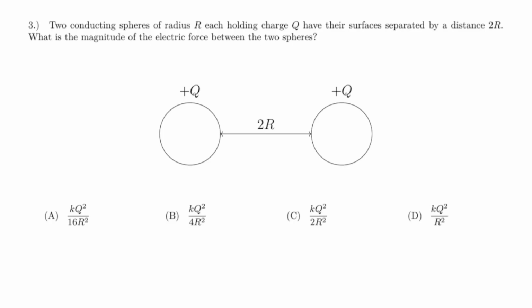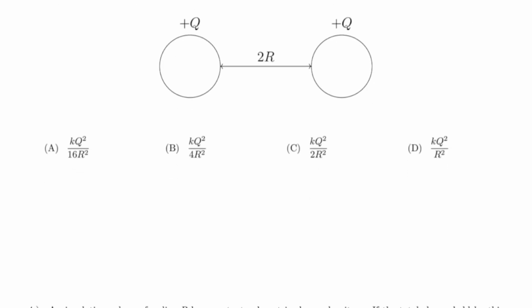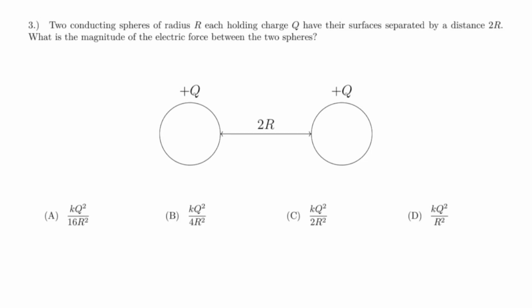All right, now we got two conducting spheres, each of radius r, holding charge q, and their surfaces are separated by 2r. What is the magnitude of the force between the spheres? So this is a question about shell theorem, because we're given objects that have non-negligible length. In this case, the spheres have radii to consider.